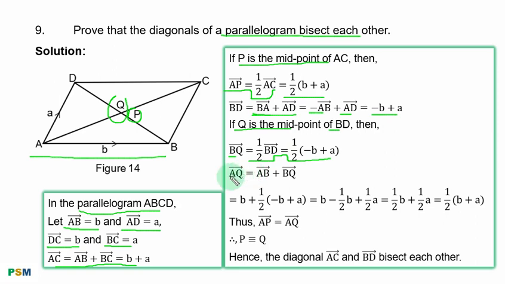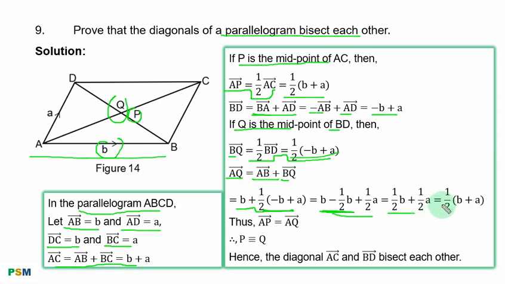It follows that vector AQ is equal to vector AB plus vector BQ. Vector AB is equal to b, so you have b plus vector BQ, this result. If you open this bracket, you have these results. If you simplify these terms, you have 1 over 2 times vector b plus 1 over 2 times vector a.